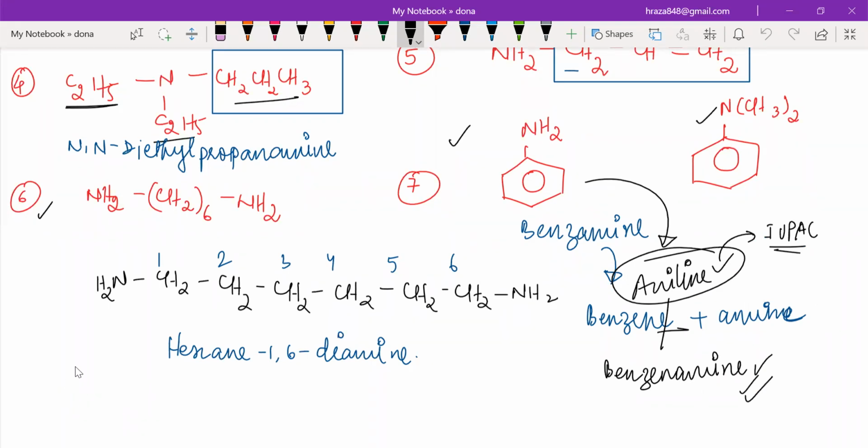What is the IUPAC name of this compound? Phenol. Is it IUPAC or common?